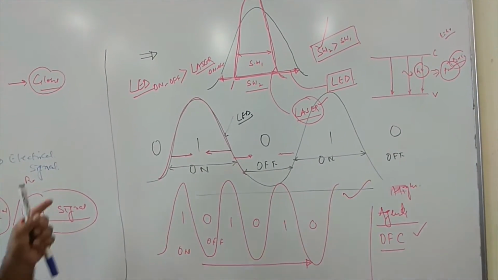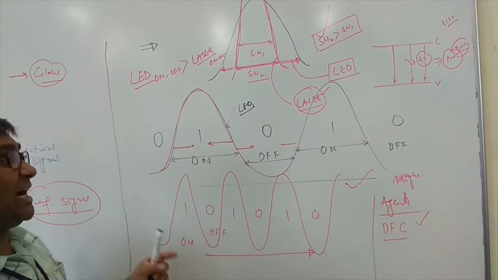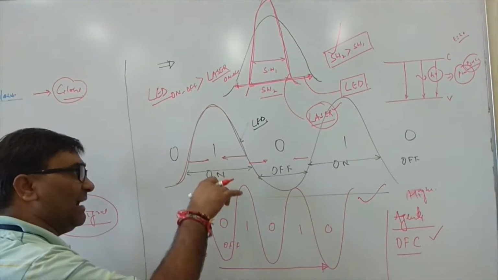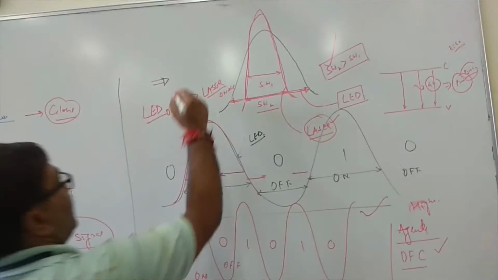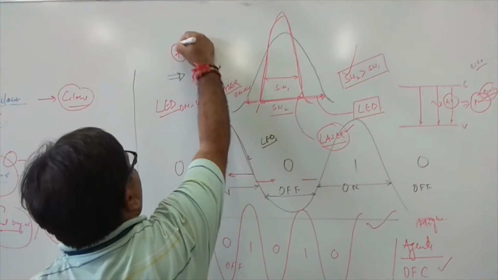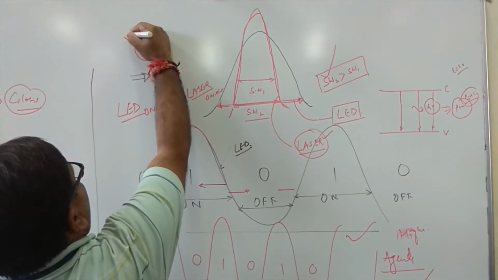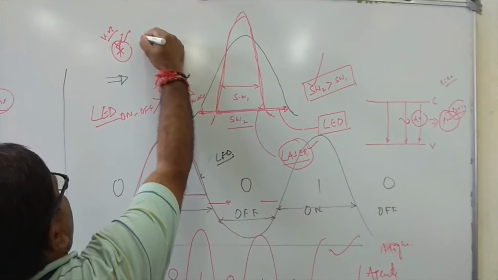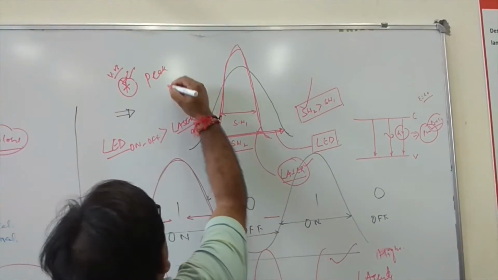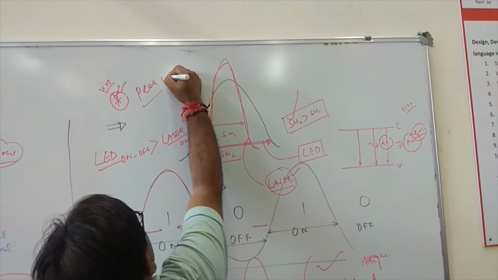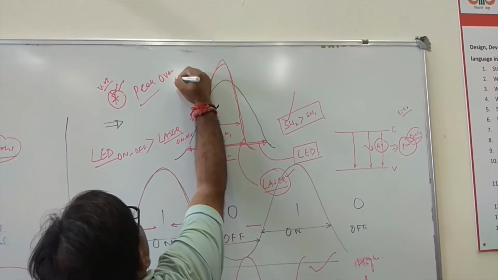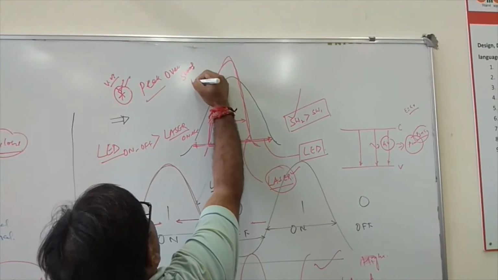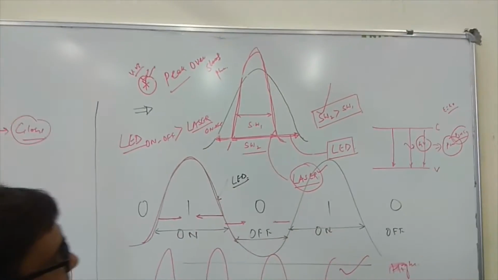So if you want to send data at a high data rate with the LED, there is one very important thing, please always remember: a function appears that is known as the peak overshoot phenomenon. That is the disadvantage of the LED.